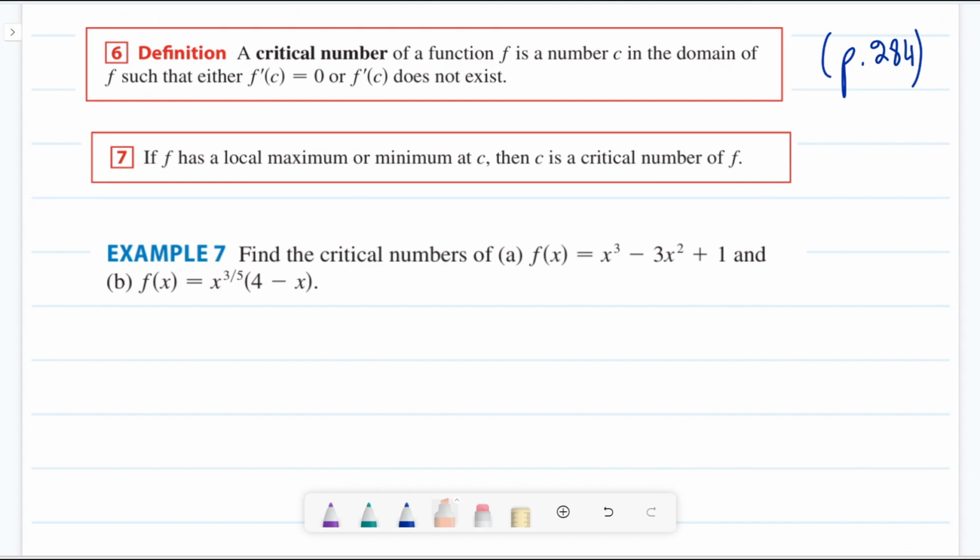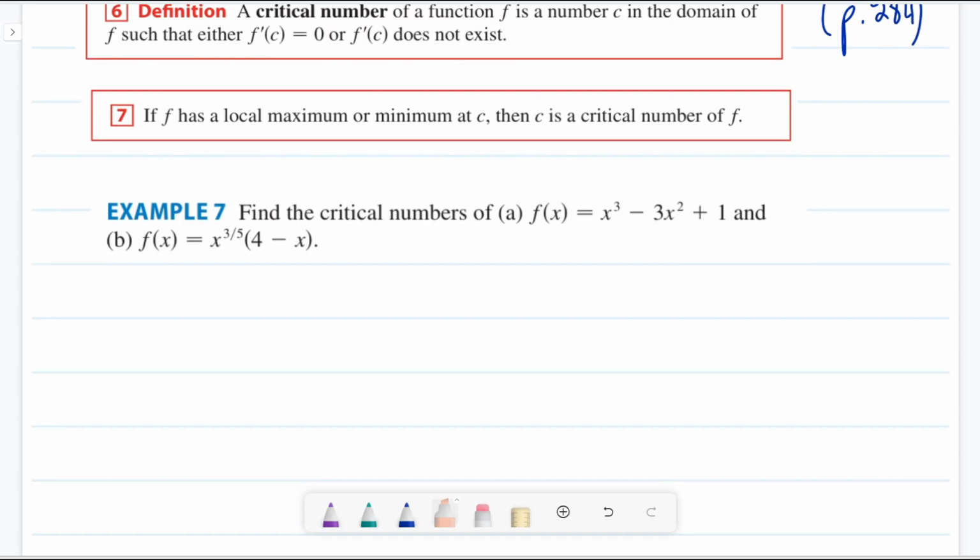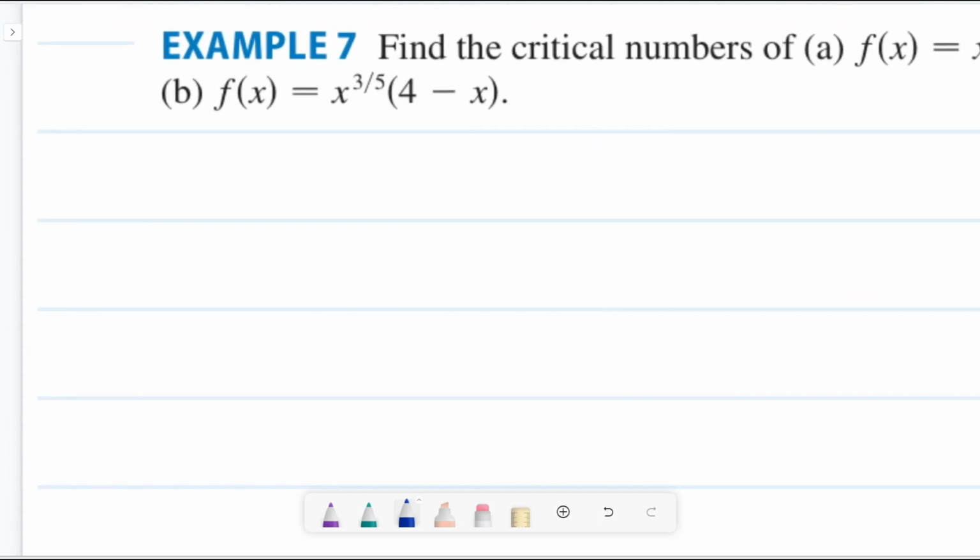So let's take an example and see how we solve such questions. This is example 7 from the book. We will find the critical numbers of f of x equals x cubed minus 3x squared plus 1. This is from page 284 in the book, and we will only do part A for today.